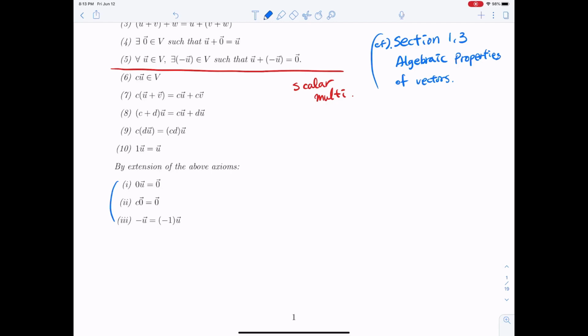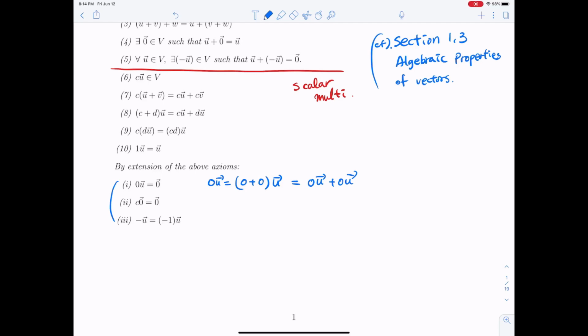So for example, for the first one, we know that 0 equals 0 plus 0. But if you multiply u on both sides, then we get 0 times u equals 0 plus 0 times u. If you distribute this, then we get 0u plus 0u.